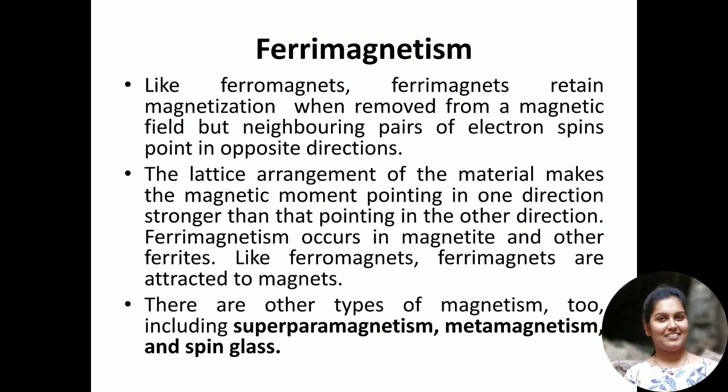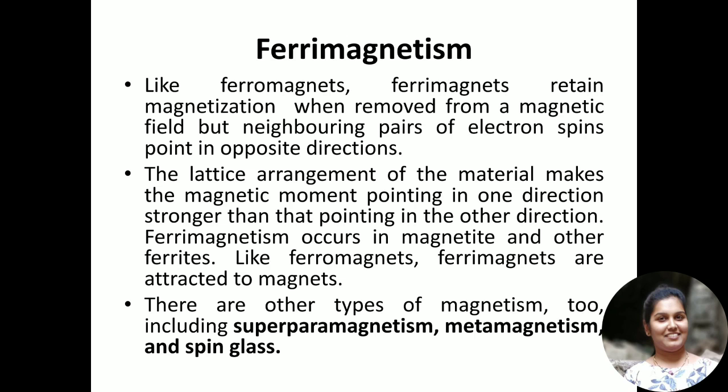So this is the same kind of behavior we see for ferromagnets: even after being removed from a magnetic field, they still have electrons aligned in their positions. But the difference is that the neighboring pairs of electron spins point in opposite directions.